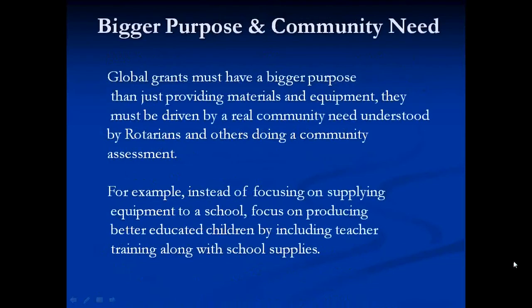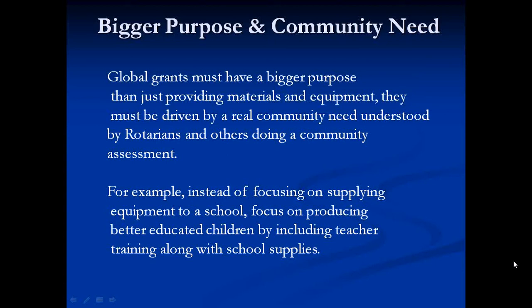The next thing is that the purpose of a global grant is bigger than just supplying materials or equipment. There's a community need that sits out there, and for Rotarians and partners, doing a community assessment is a key way of finding out what really is the need of the community.